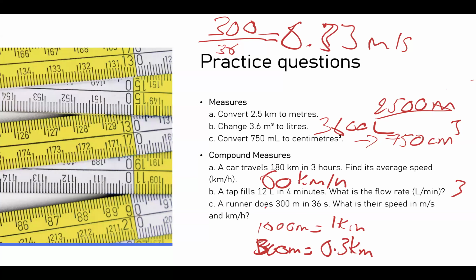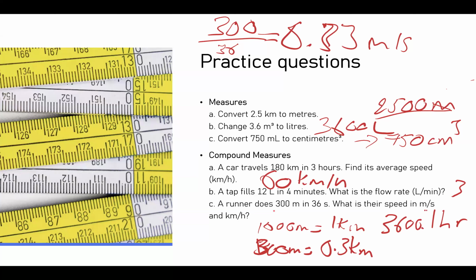And then for the time, 1 hour has 60 minutes of 60 seconds, so 3,600 seconds in an hour.